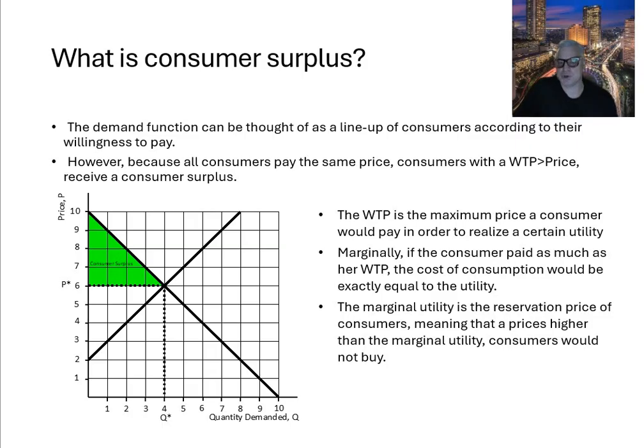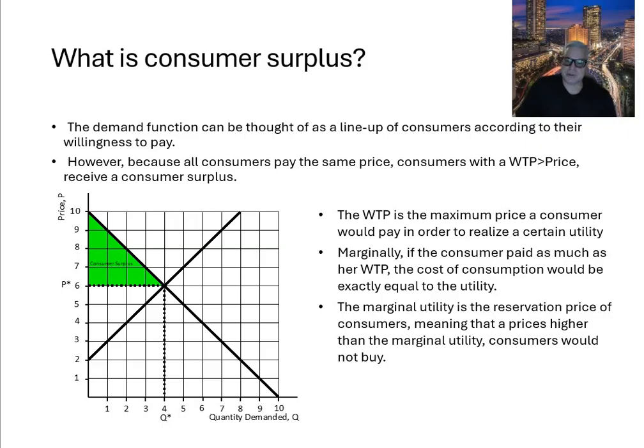And again, the willingness to pay is the maximum price a consumer would pay in order to realize a certain utility. And marginally, if the consumer paid as much as her willingness to pay, the cost of consumption would be exactly equal to the utility.